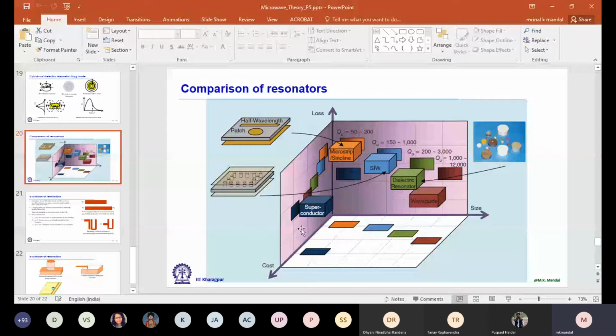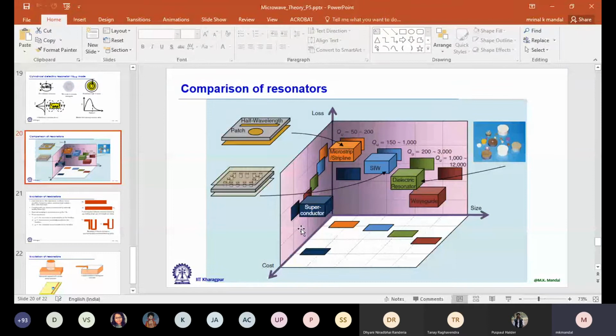Well, and superconductor. Superconductor is not very popular, but for space application, sometimes noise figure is an important quantity. We'll discuss it later; first we have to learn about some terms like noise figure and noise temperature. There people use superconductor. We call it high temperature superconductor, but this high does not mean that high.